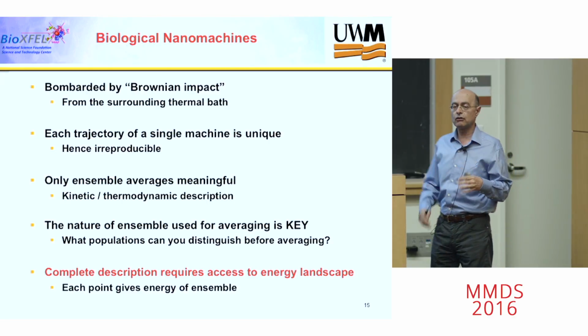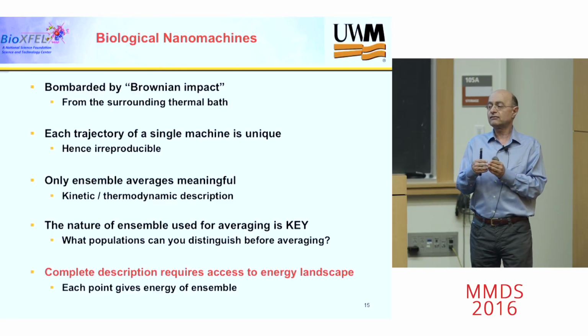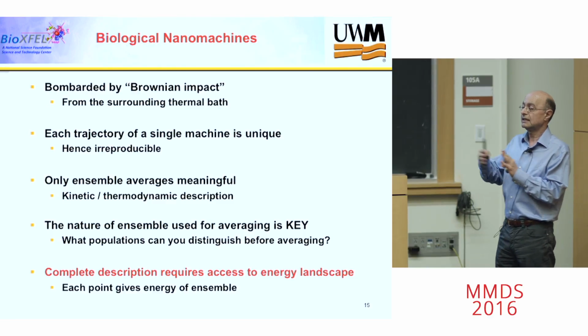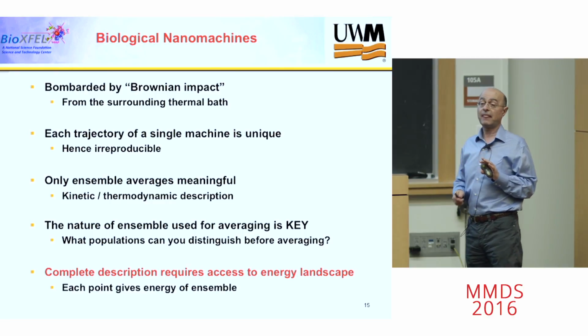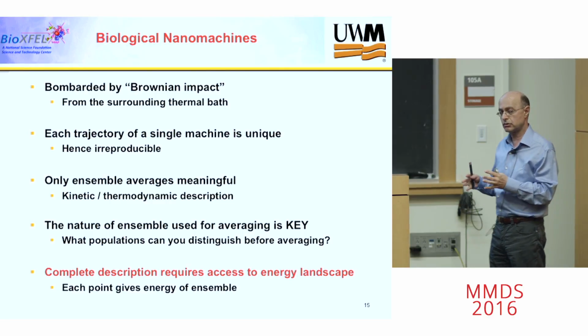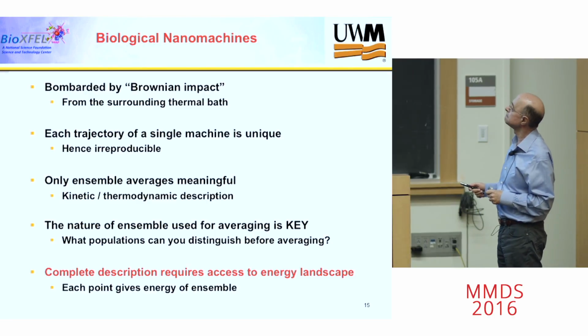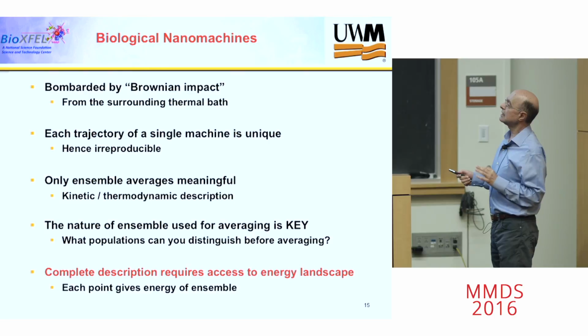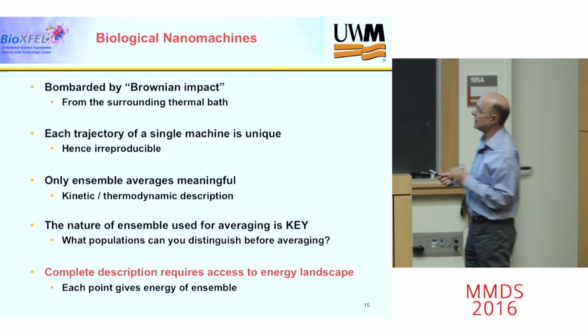You can't average over all the states of the machine because the data is heterogeneous. And so you first have to classify the data, which generally is called clustering. Actually, in this case, you have to deal with continuous changes, and then you have to form ensemble averages over homogeneous ensembles. But of course, as I said earlier, complete description requires an ensemble average over an energy landscape.